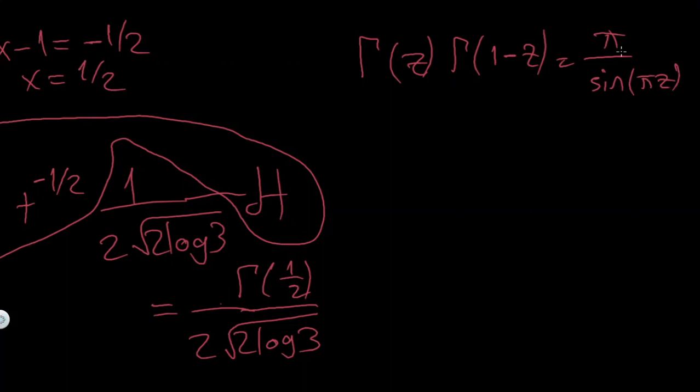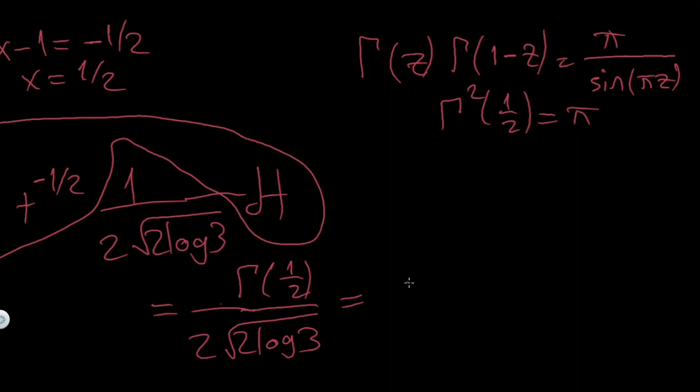This is an important property. For example, if you know gamma of 2 over 3, you can find gamma of 1 over 3. If you put z equal to 1 over 2, both of these are going to be 1 over 2. So you have gamma squared of 1 over 2 equal to pi over sine of pi over 2, which is just 1. So it's pi. So gamma of 1 over 2 is equal to the square root of pi.